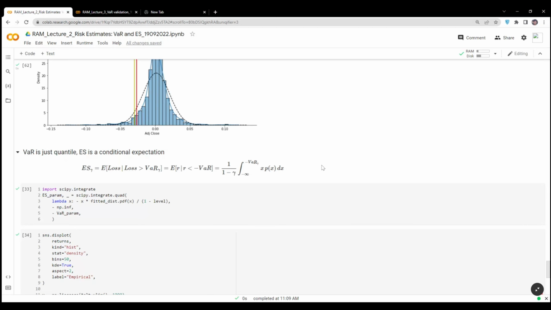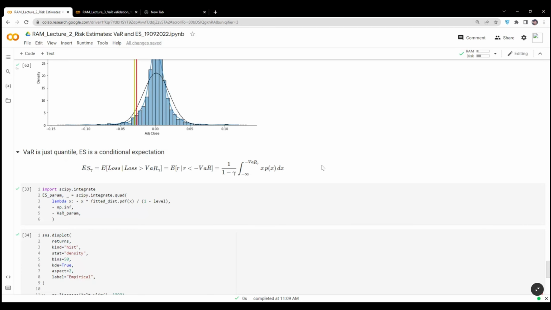So in order to calculate expected shortfall on an empirical distribution, no hard math is needed, because everything that we need to do is just find observations where losses were greater than value at risk, and just take the empirical average.